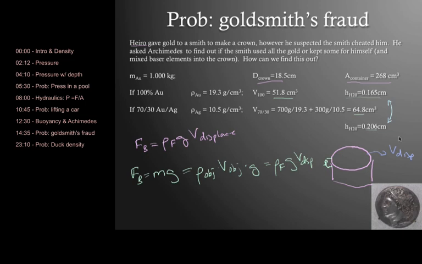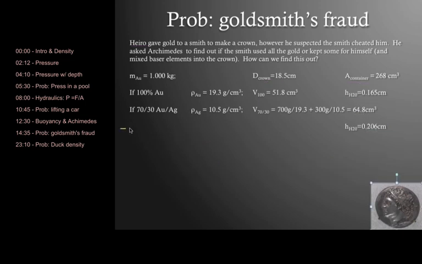Well, what Archimedes actually did was he took a measurement of this object, of the crown. There is a tension up and there's mg down, and so the sum of our forces is going to be T minus mg equals 0.